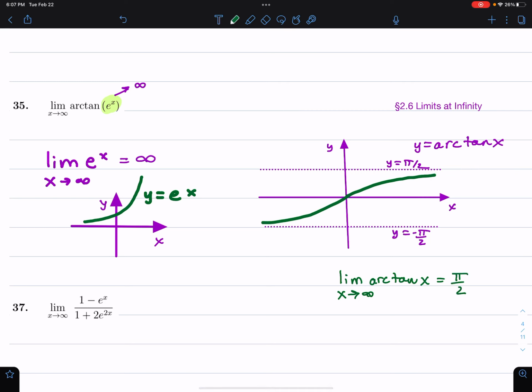So if I have the graph sitting in front of me, I can answer what the limit is, because the limit is the horizontal asymptote. And how I remember the horizontal asymptote is pi over 2: that corresponds to the graph for y equals tan x and that vertical asymptote. Anyway, we have this graph, so go with the graph. As I go to the right, I get this limit.